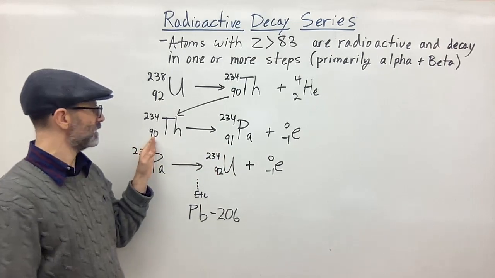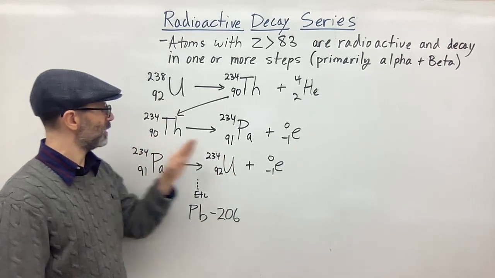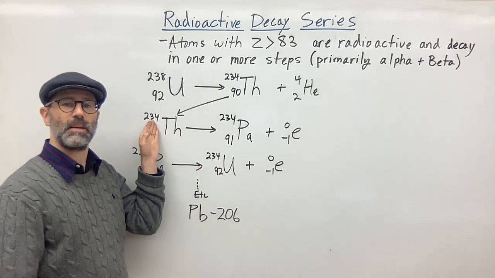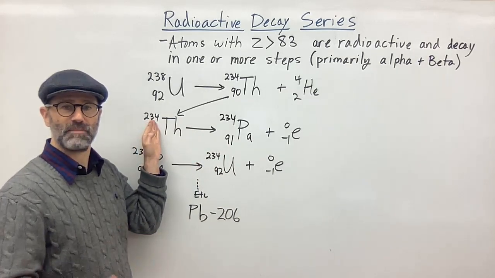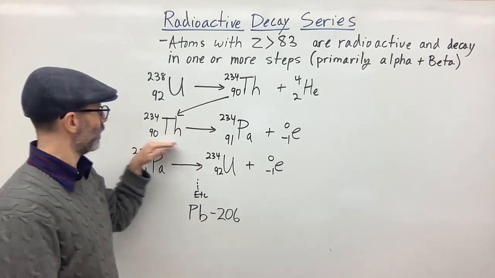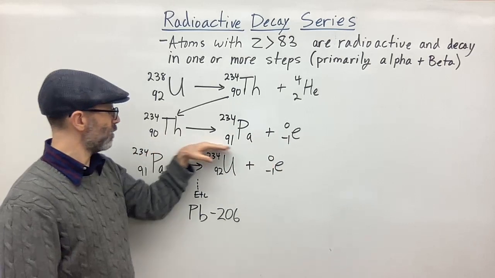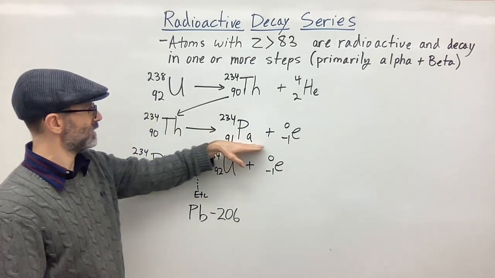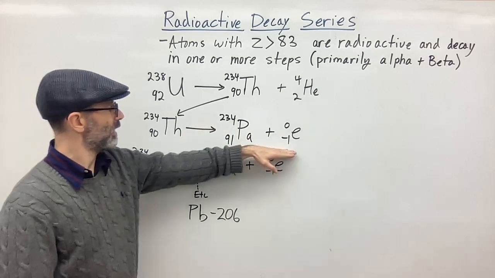So it's going to increase the atomic number. So 90 becomes 91. But the mass number stays the same because the protons and neutrons have pretty much the same mass. So 234 stays 234. So here we have the radioactive decay of thorium 234 going into protactinium 234 here.